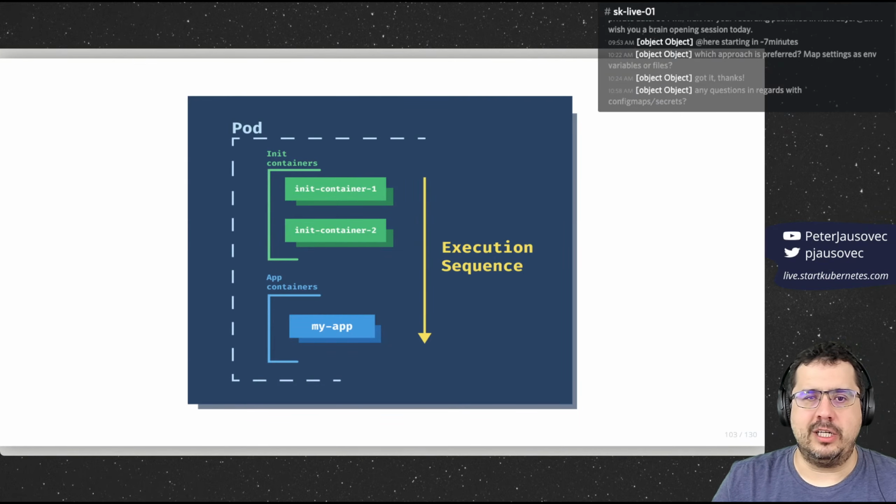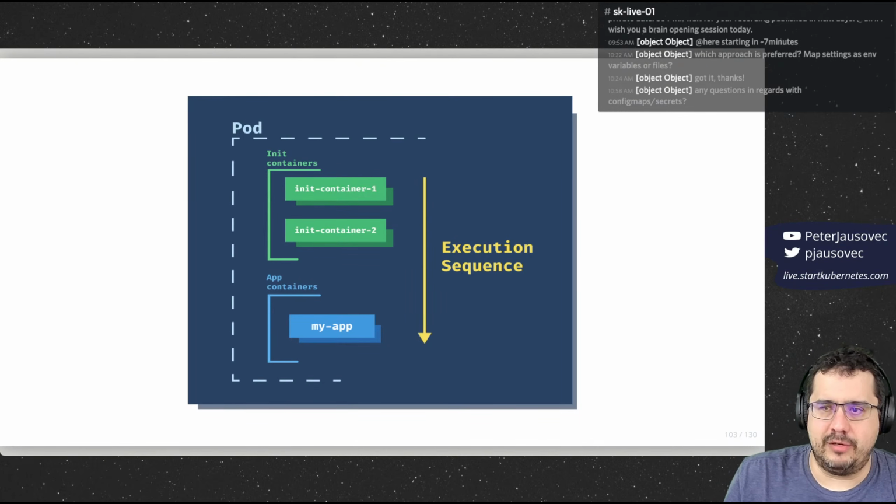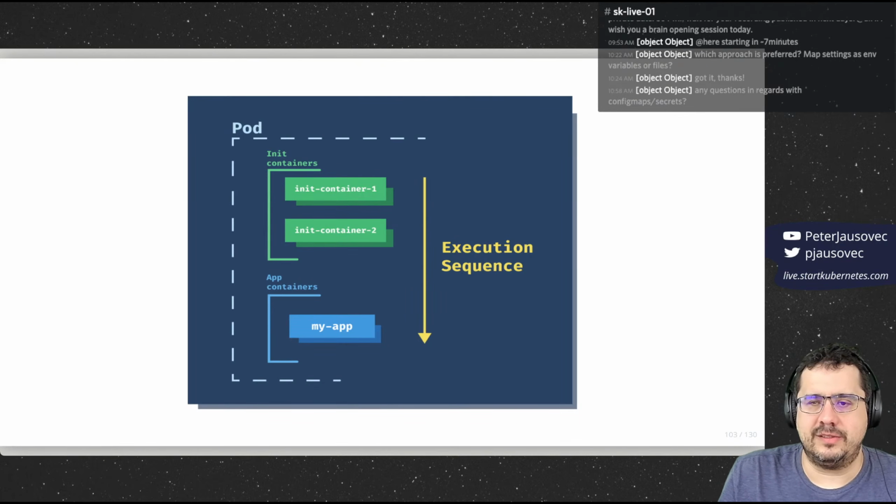If you tried to do this with app containers, that's not going to work because app containers don't have a deterministic startup order. One can start before the other, so you can't really use them to do initialization work. That's why you would use init containers.